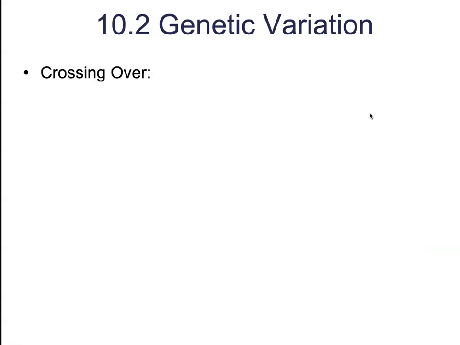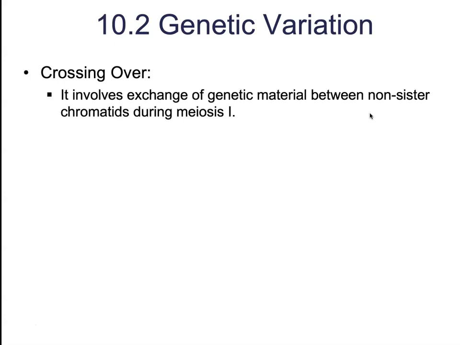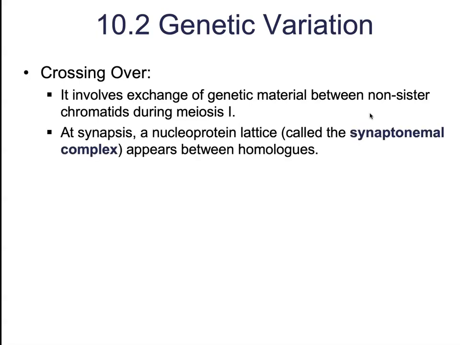Crossing over events. Now, crossing over events, these are bizarre and really cool. Crossing over is an exchange of genetic material between non-sister chromatids during meiosis. So this is where things get a little bit wonky. Remember when we talked about how our homologous chromosomes are going to synapse during prophase 1?